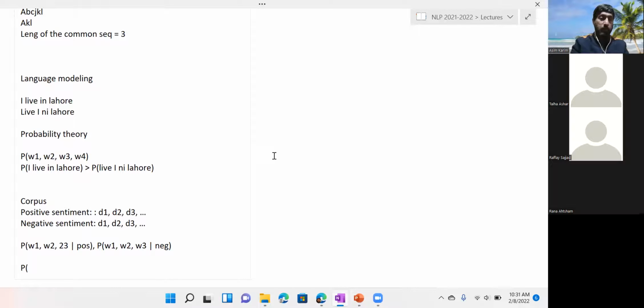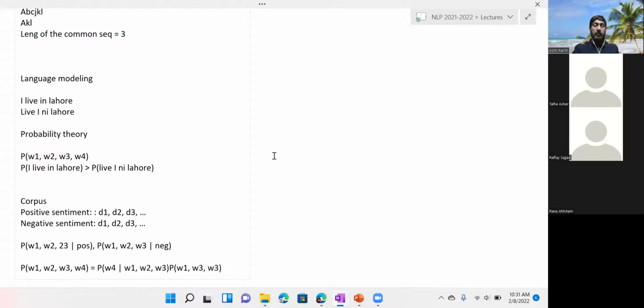So what we wanted was to find the probability of any sentence. Let's say a sentence with 4 words, W1, W2, W3, W4. Using our probability theory product rule, you can write this as the probability of W4 given the context, which is in this case W1, W2, W3, times the probability of W1, W2, W3.